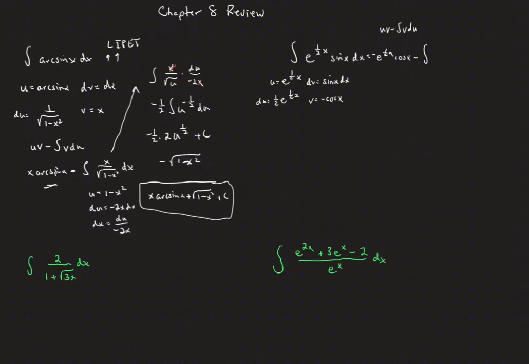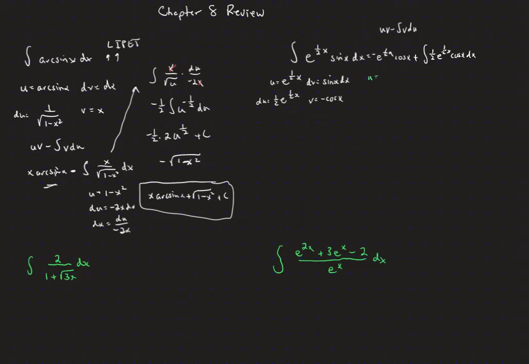Our v is a negative cosine x, so I'm going to bring that negative out. We're going to have our v, and then our du is that 1/2 e to the 1/2 x dx. That doesn't look any better than our original, but I'm going to change color so we can keep it straight. Now we're going to do it again.